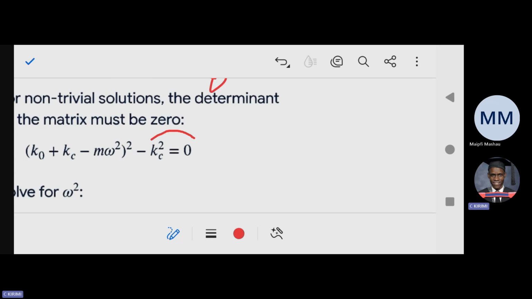So we start with K naught plus Kc minus M omega squared. And everything is in the other big bracket, which is what?